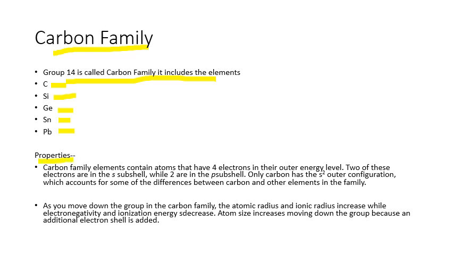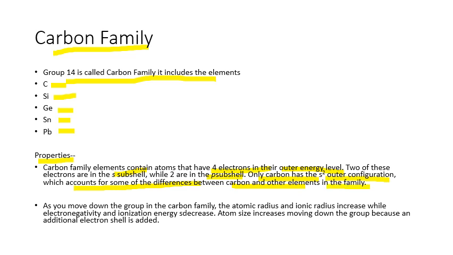The carbon family has 4 electrons in the outermost energy level, 2 electrons in the S subshell and 2 in the P subshell. Only carbon has the S2 outer configuration, which is responsible for the differences between carbon and the other elements in the family.